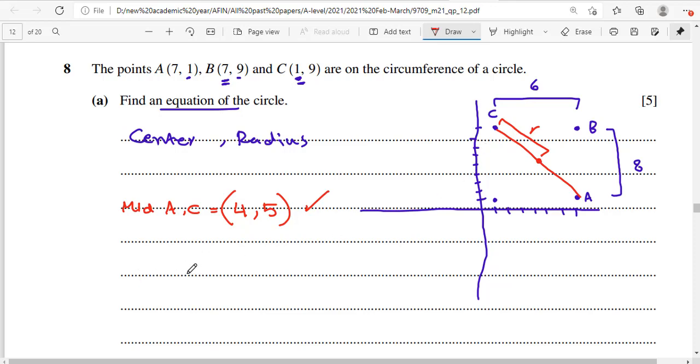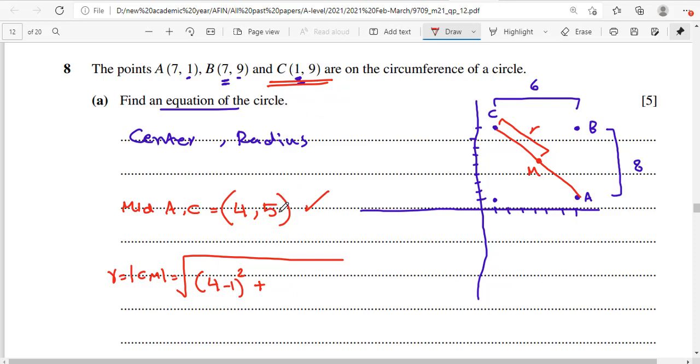Then we use the rule distance between 2 points. If we call this midpoint M, then the distance from C to M is actually the radius, equal to square root of, C and this point, I can say 4 minus 1 squared plus, since I said 4 minus 1, I must say 5 minus 9.